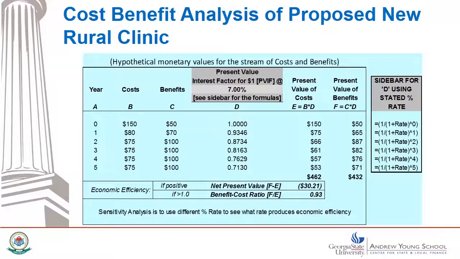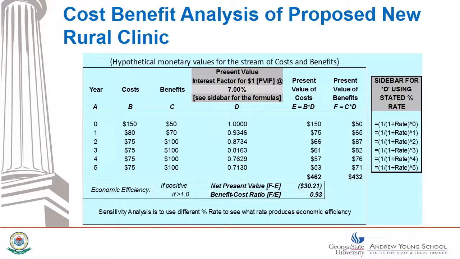We could either save the money and earn 7% compounded annually over 5 years, or we could invest in the new clinic. We can then use that 7% as the discount rate in our present value calculations. In column D, we show the present value interest factor for one monetary unit, abbreviated as PVIF. The formula is shown in the sidebar.